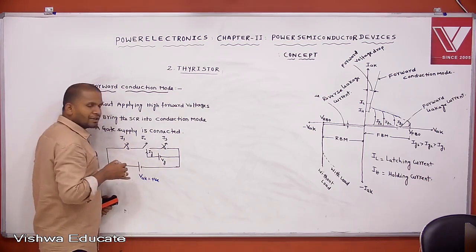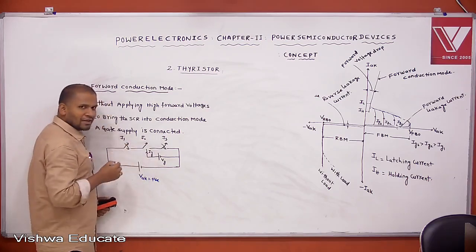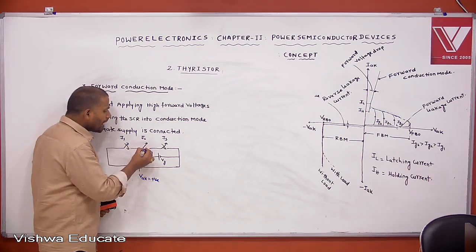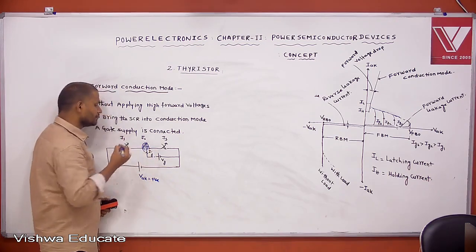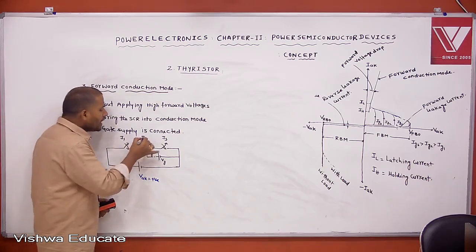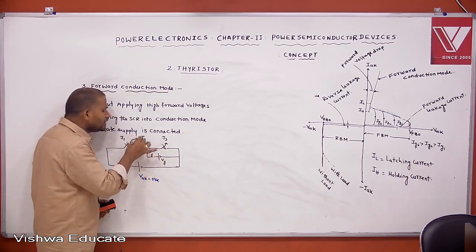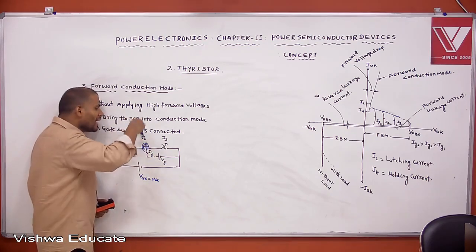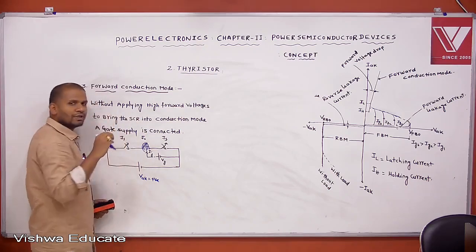Under forward blocking mode, if the gate supply is given, because of this gate supply, more carriers are injected into the J2 junction. It's just like doping, extra carriers we are adding to the J2 junction.